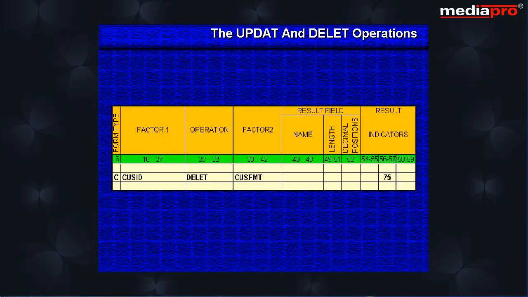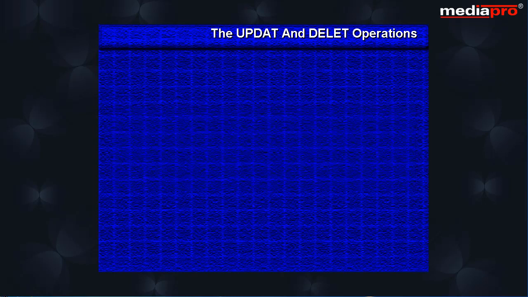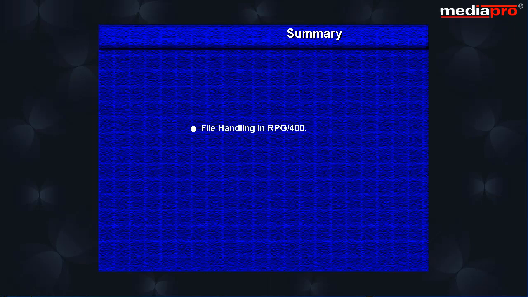With this, we have come to the end of this chapter on database files. Summary. In this chapter, we saw how database files are handled in RPG 400. We have studied a sample program that used program described files.